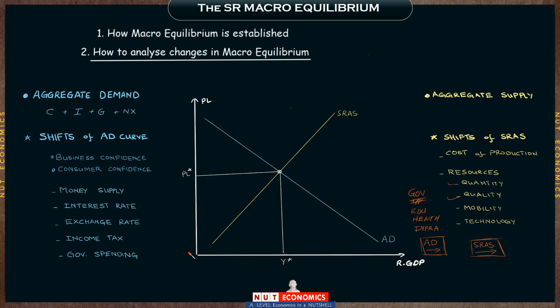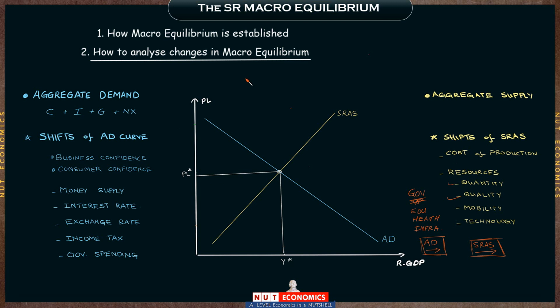Whereas if there are things such as exchange rate changes or where the government starts spending on trying to improve the country's quality of resources, then both the aggregate demand and aggregate supply will be impacted at the same time. But that should not make your task of working out the impact on the macro indicators much more complicated.